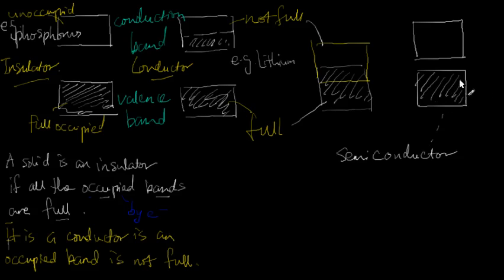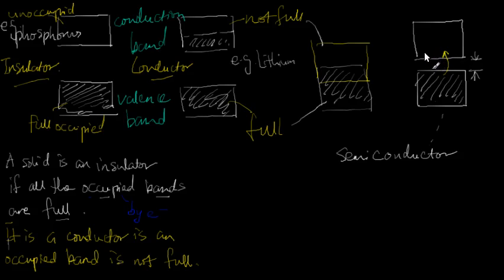Now, if there's enough energy from this thermal energy to overcome this energy difference, if this difference in energy is roughly the kind of magnitude of the thermal energy, then it is possible for an electron at the lower band to gain enough thermal energy to jump up, for some of them to jump up to the conduction band.